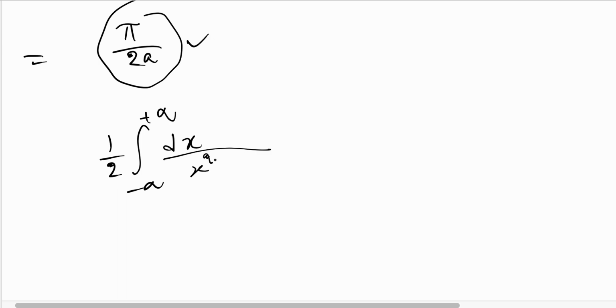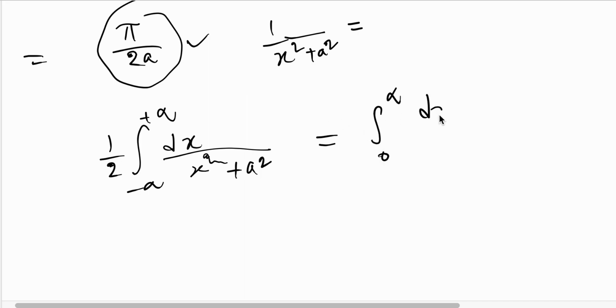We know f of x is 1 by x square plus a square. Now we can write it as half into, since 1 by x square plus a square is an even function, 0 to infinity dx by x square plus a square.